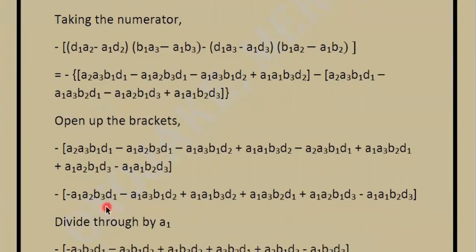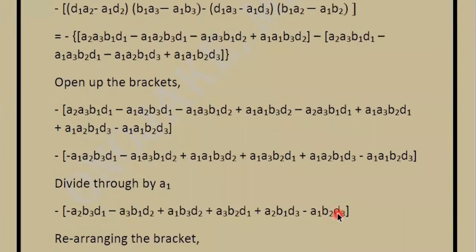And then, if we look at this closely, we see that A1 reoccurs in every place. Now, of course, we eliminate A1 by dividing everything here by A1. And then we have this.